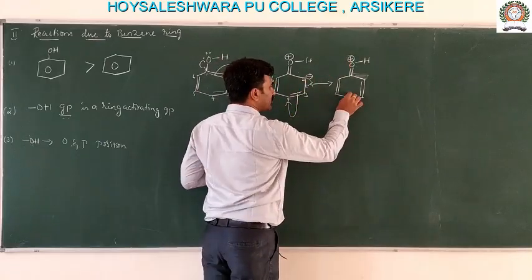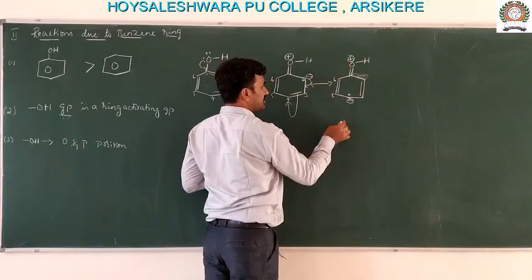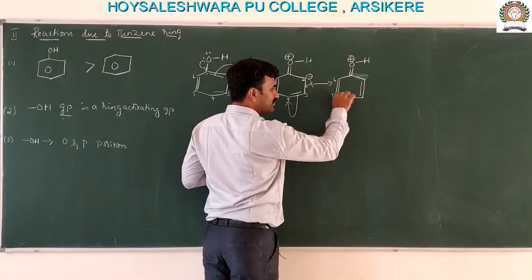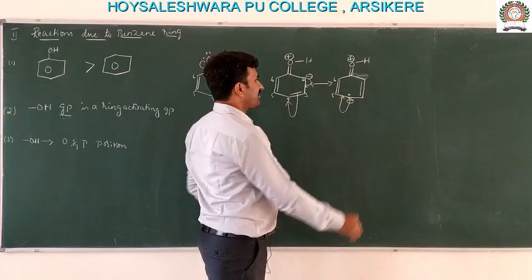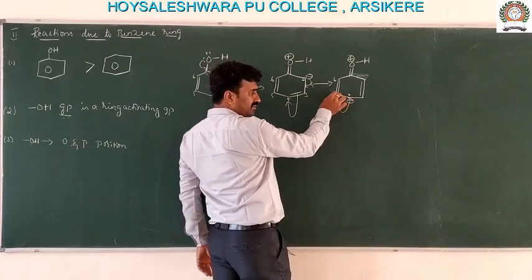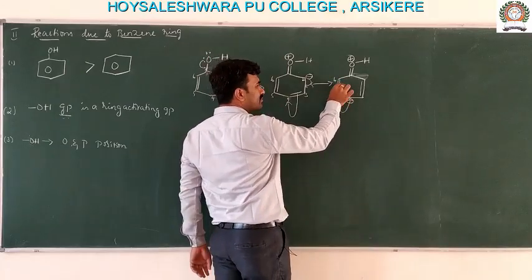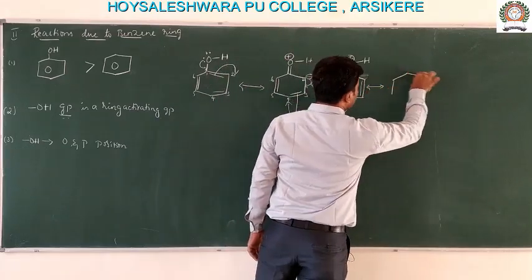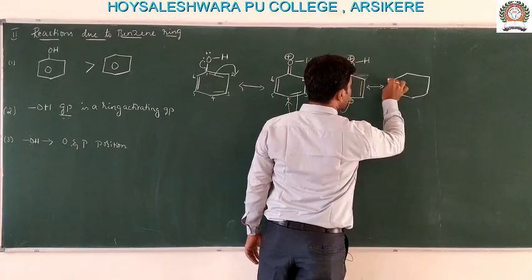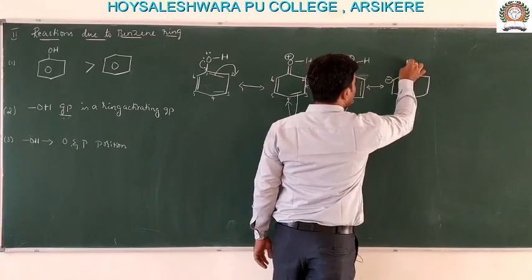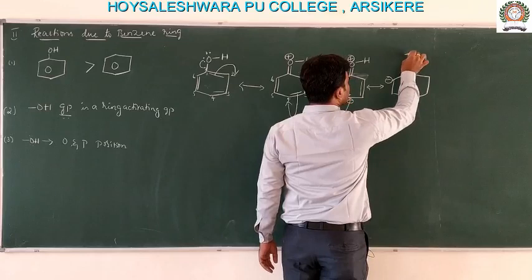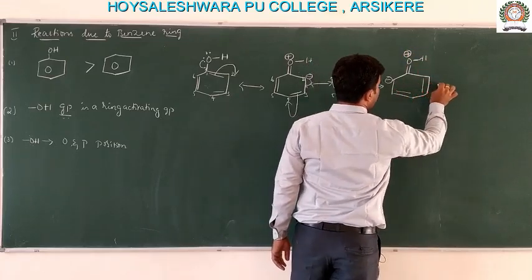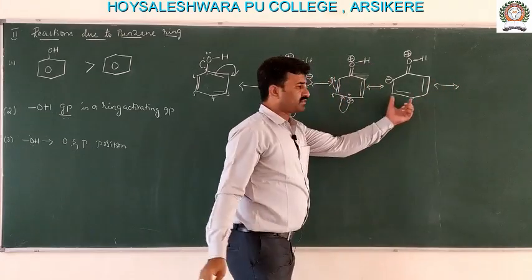This is fourth, this is fifth and this is sixth. Then the negative charge on the fourth carbon atom moves to 4 and 5, so the pi bond between 5 and 6 moves to the sixth carbon atom, forming resonance structures of this form.